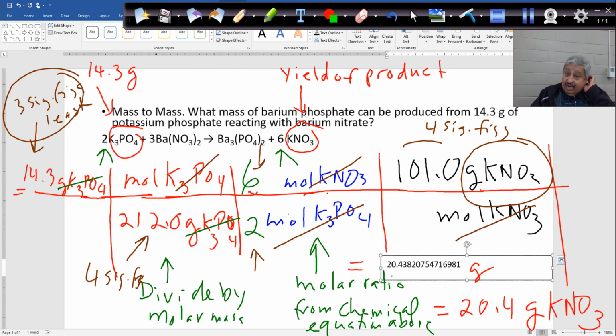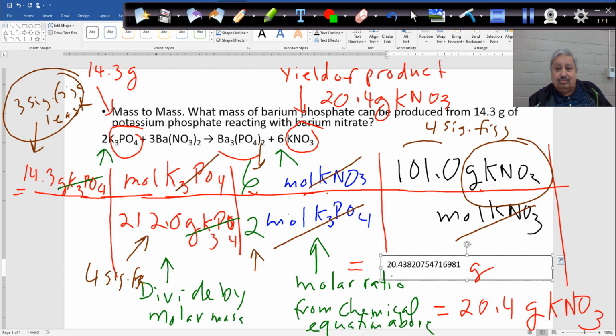Now, if I want to do the other one, let's do the other one, but I'm not calculating. Let's get the molar mass. Just a little bit lazy. We'll do the other one. Let's do how much we get out of this, 20.4 grams of potassium nitrate. Let's do this one here.